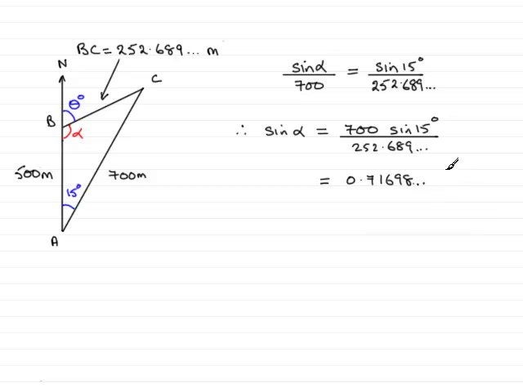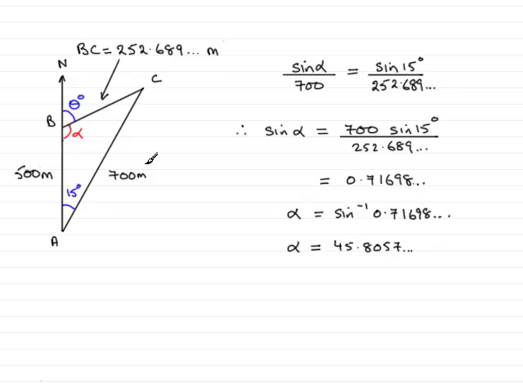Then to get alpha, all I need to do is the inverse sine of 0.71698, and what comes up on the calculator is in fact 45.8057.